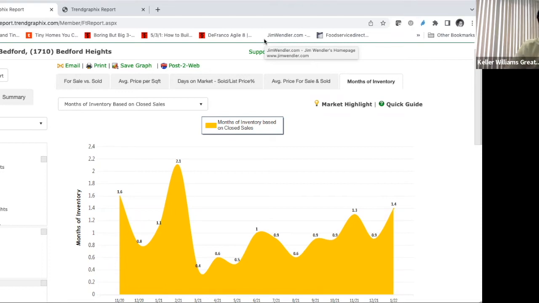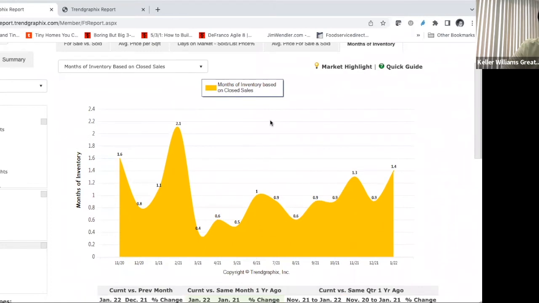This is going to be really helpful in them understanding that this is why you have to write the offer day one, right? We want to help as many families as possible get into the home of their dreams or the home of their needs.